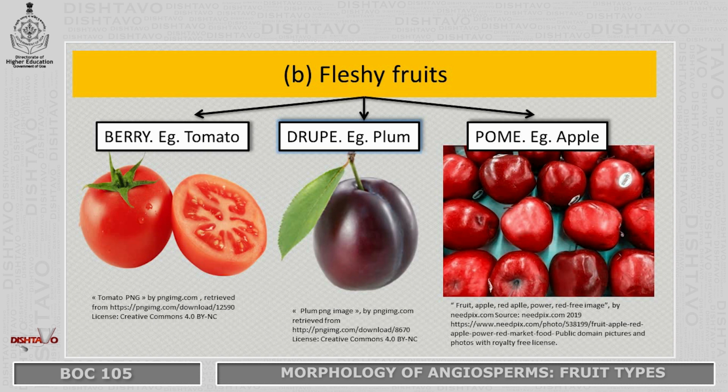Here it has a thin pericarp, a fleshy mesocarp and the endocarp is thick, for example mango and plum. The third type, that is pome, develops from the inferior ovary and actually the fruit is developed from the thalamus and cartilaginous pericarp as seen in apple. It is also a form of a false fruit.